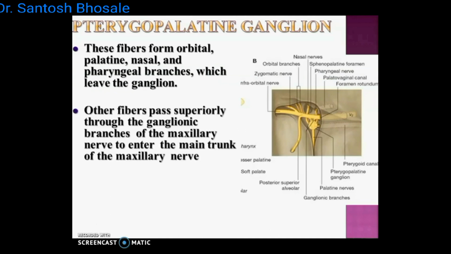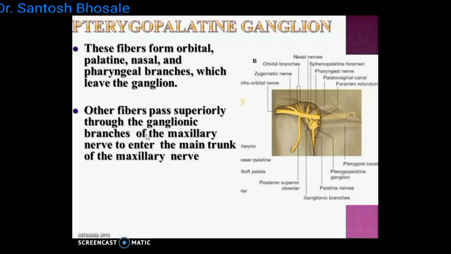You can remember orbital, palatine, pharyngeal and nasal, and other fibers pass along the branches of the maxillary nerve. So the maxillary nerve is a sensory nerve, and it also carries the postganglionic fibers of this pterygopalatine ganglion. Preganglionic fibers come from the nerve of the pterygoid canal, from the greater petrosal before it joins the deep petrosal nerve.